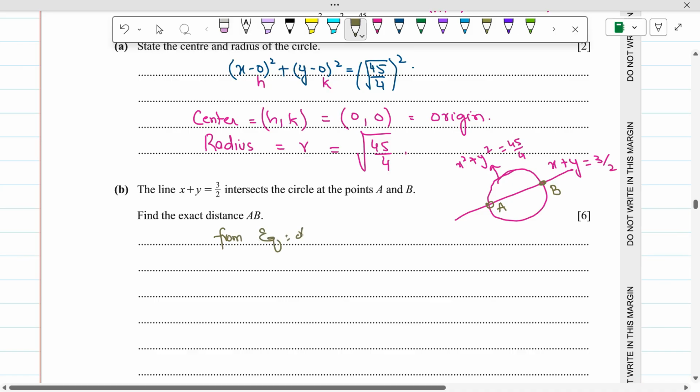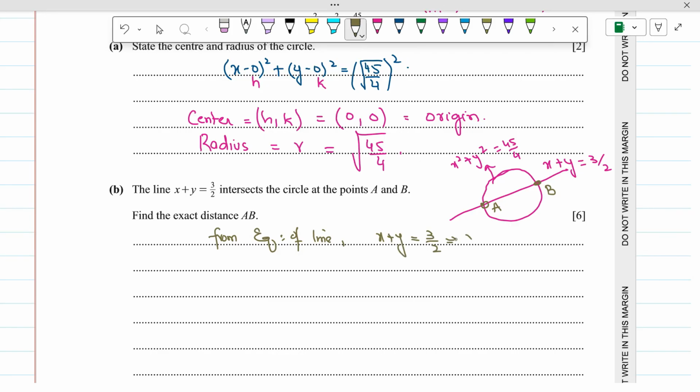So we can find A and B, the intersecting points, by solving these two equations, the equation of the line and the equation of the circle, simultaneously. From the equation of the line, x plus y equals 3 over 2, so x equals 3 over 2 minus y. This is equation 1.